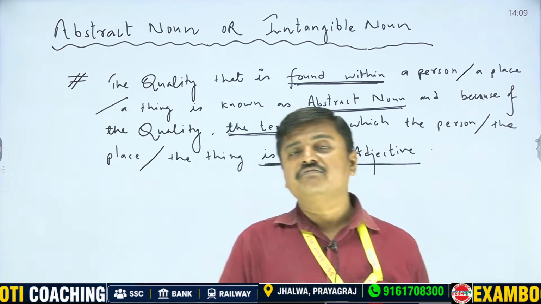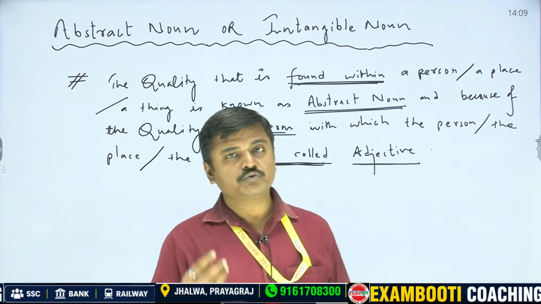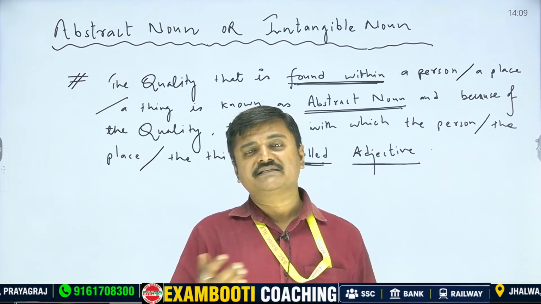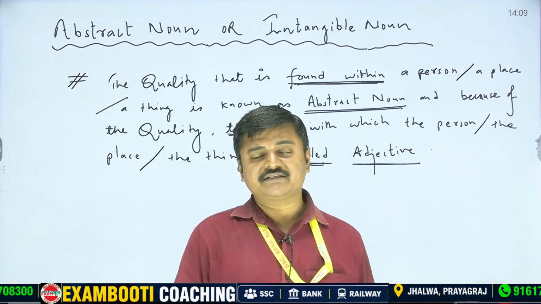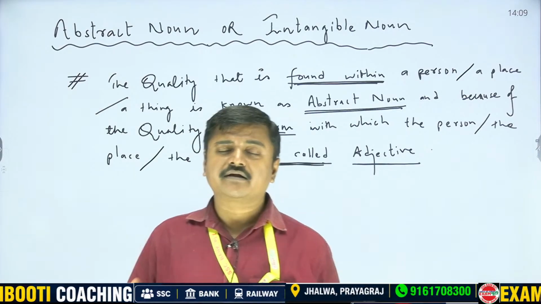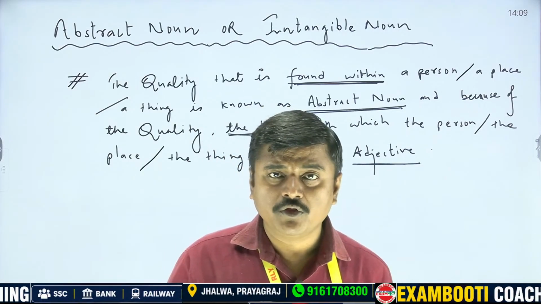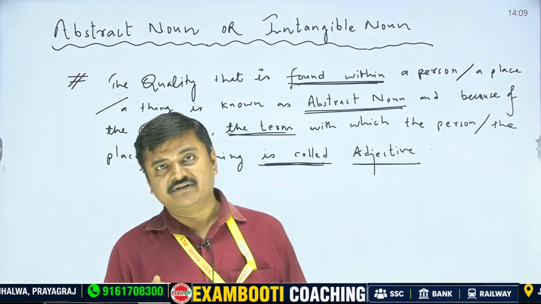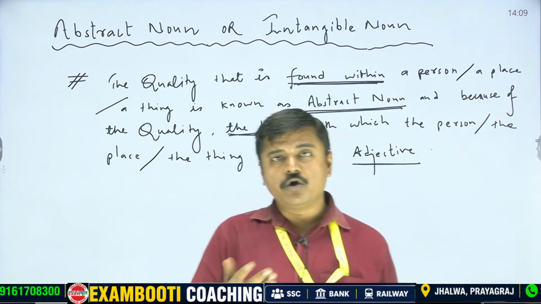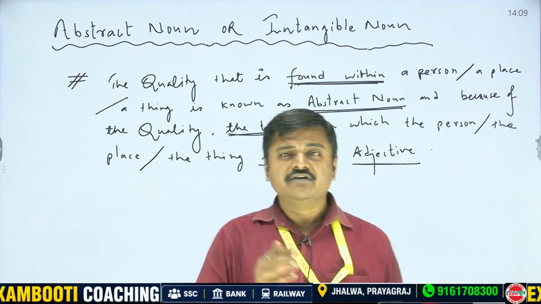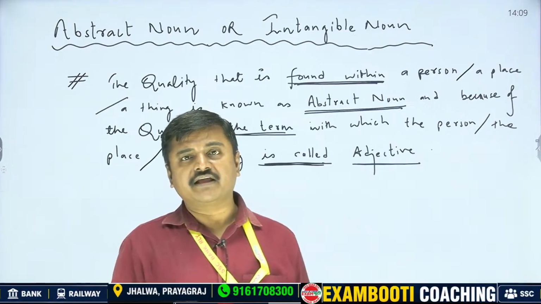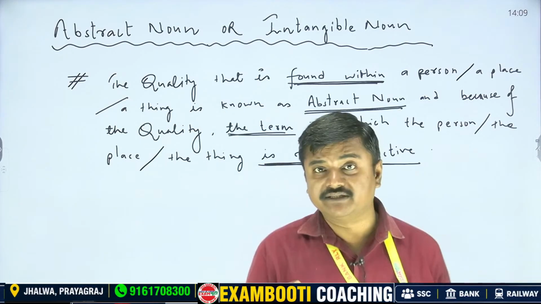You will get confused if I give you just two terms like important and importance, like present and presence, like absent and absence, like kind and kindness. Now you will get confused which one is a noun and which one is an adjective. It will confuse you. Bravery or brave, courage or courageous, which one is noun and which one is adjective. You are not going to identify very easily. Remember this.